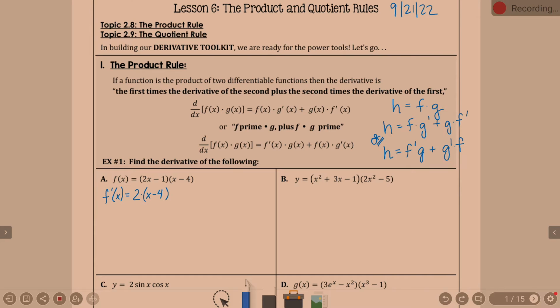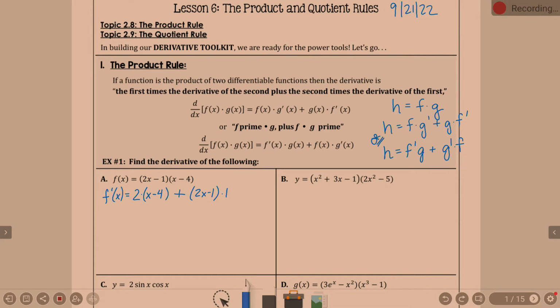So derivative of the first one, derivative of 2x minus 1 is 2, keeping x minus 4. Because it's product rule, we're going to add. Now we're going to do the opposite of that. We're going to keep the 2x minus 1. And what's the derivative of x minus 4? 1.